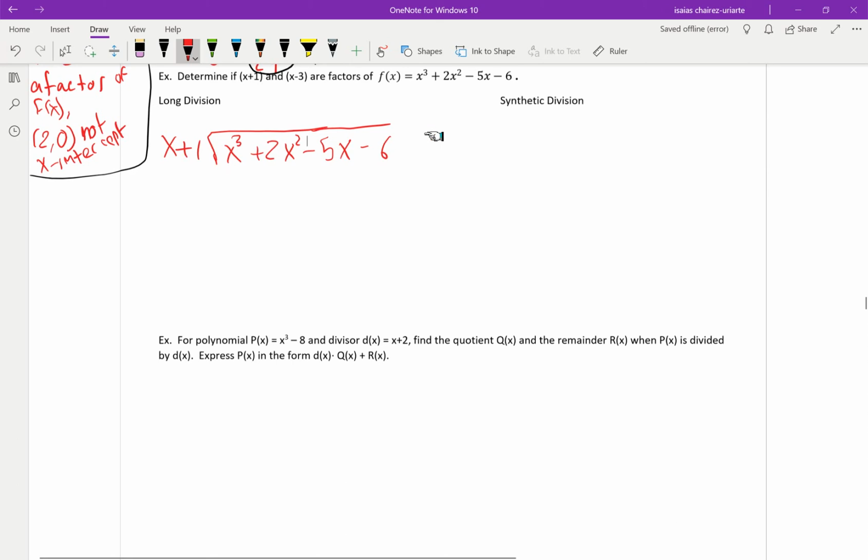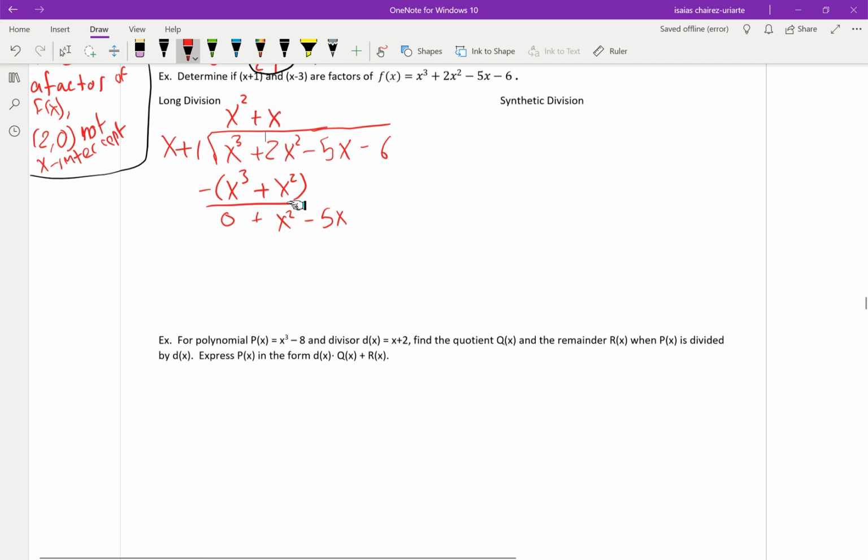So I think this is going to be x squared. Then I have x cubed plus x squared. Then I do minus, so this is 0. And this is 2x squared minus x squared, so that's plus x squared. Bring down my negative 5x. And then something times x is x squared, well, that's just going to be plus x.